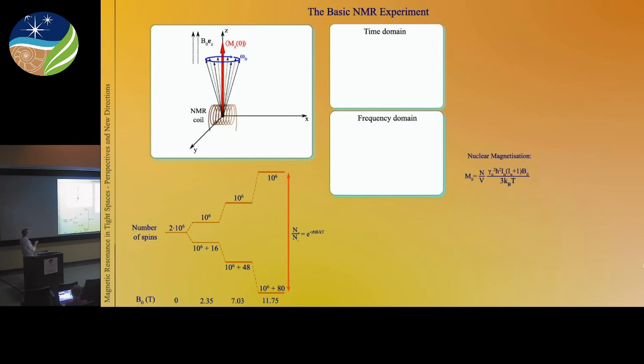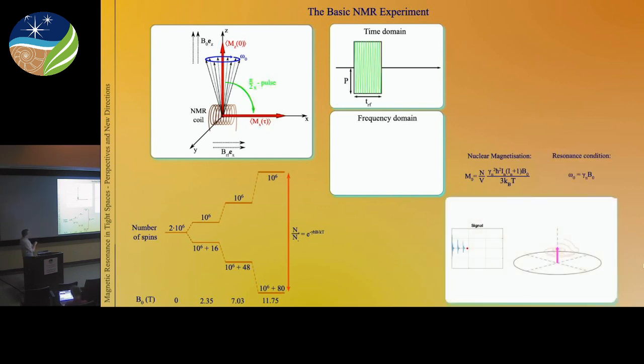And now in NMR, we do a small trick, which is we feed a high frequency current into the coil, which generates an additional magnetic field with more or less the same frequency as the Larmor frequency. With that, we are able to perturb the spin system, and we can, in principle, flip it by an arbitrary angle.